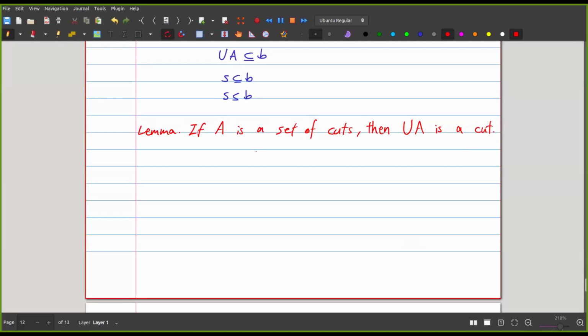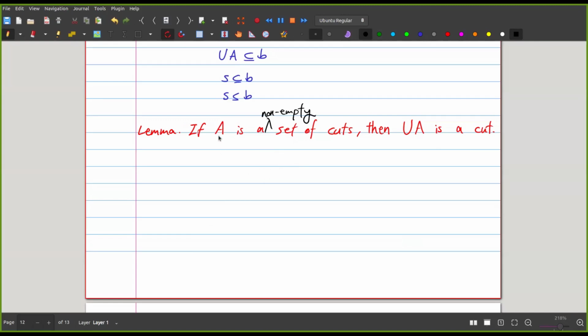And again, as usual, I forgot non-empty. If A is a non-empty set of cuts, then the union is also a cut. This actually doesn't hold if you think about it.